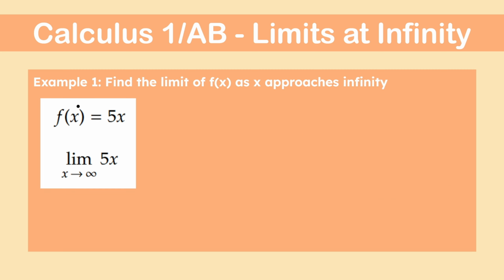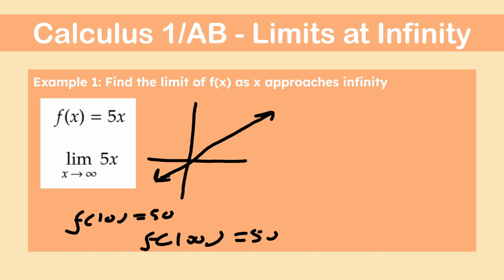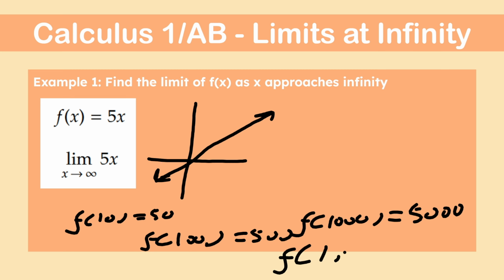So let's find the limit of f of x as x approaches infinity. As the graph of 5x reaches infinity, it will grow and grow without bound. So let's plug in f of 10. f of 10 is equal to 50. f of 100 is equal to 500. f of 1000 is equal to 5000. f of 1 million is equal to 5 million, and so on.